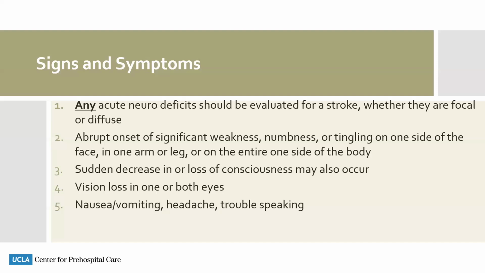Are they nauseated and vomiting, headache, trouble speaking? Especially in a ruptured vessel in the brain, a hemorrhagic stroke. They're really sick in that they start to vomit and they have a headache that is just beyond something they've ever had.